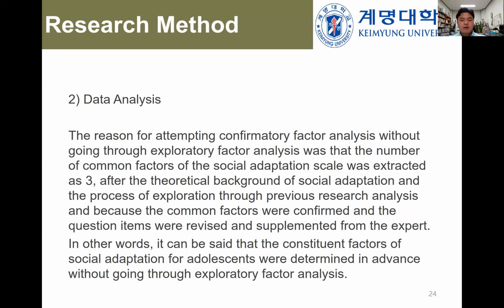The reason for attempting confirmatory factor analysis without going through exploratory factor analysis was that the number of common factors of the social adaptation scale was extracted as 3 after the theoretical background of social adaptation and the process of exploration through previous research and analysis, and because the common factors were confirmed and the question items were revised and supplemented by experts.